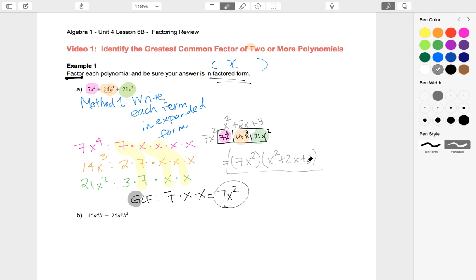Okay, so that was just a quick review of that method, but I'm going to show you a second method, method 2, as a faster way of finding the GCF without expanding.